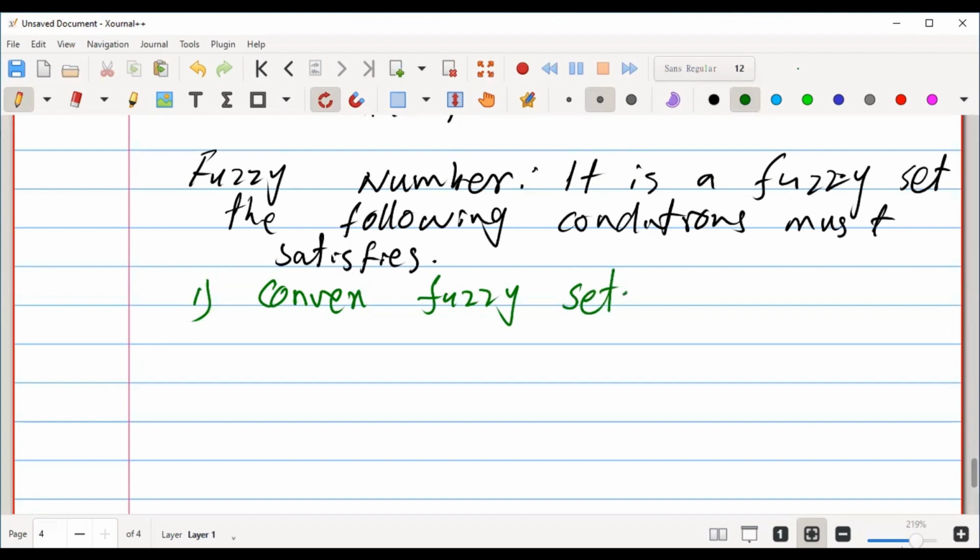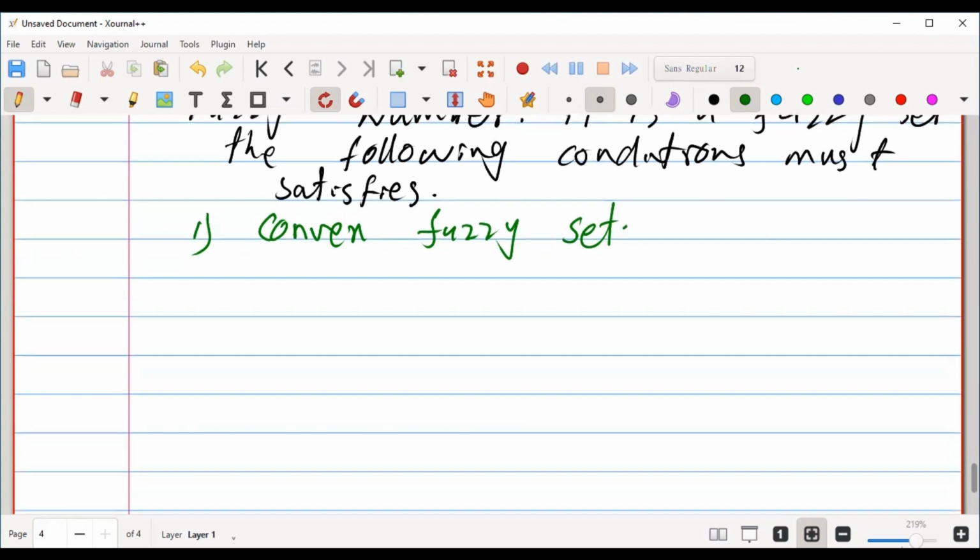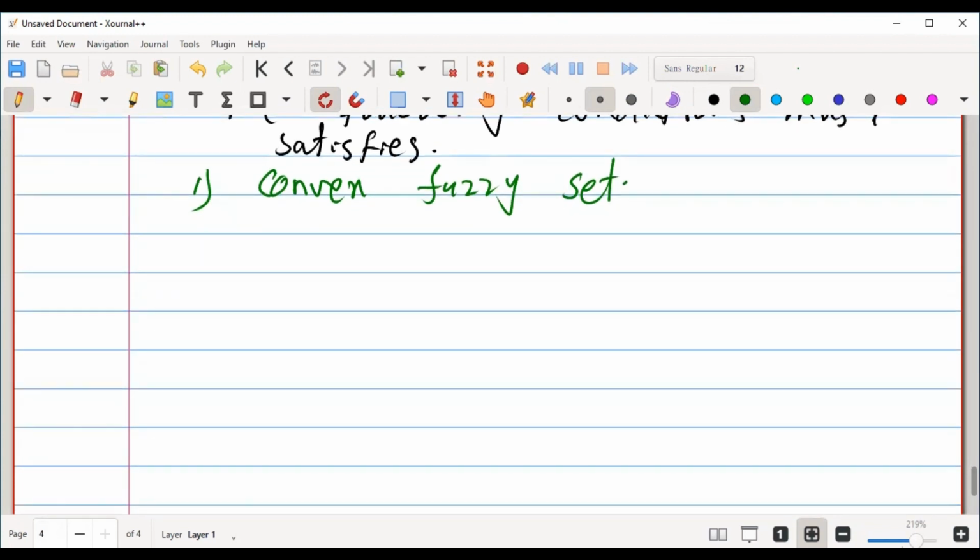What is convex fuzzy set? In a classical set, we call a space convex. Let we have any space x in classical theory, we call the space convex if we take any points x1 and x2, and I take a line between x1 and x2.